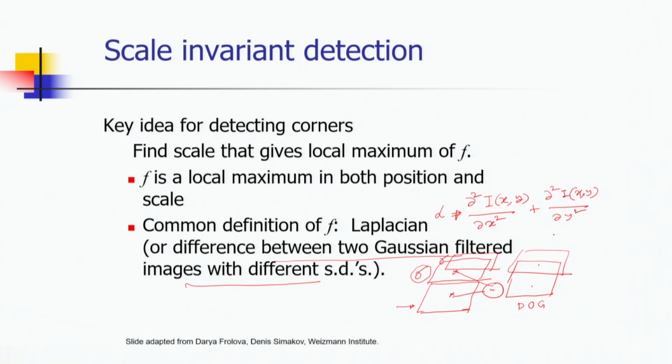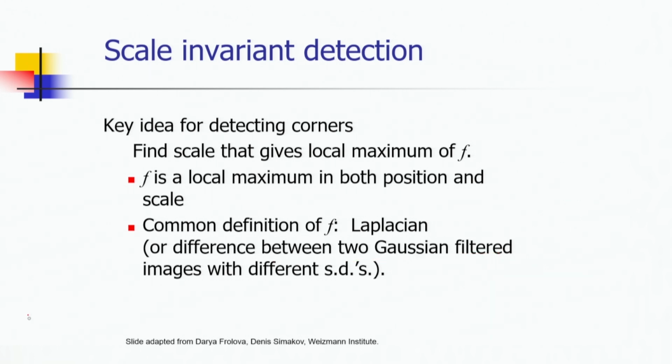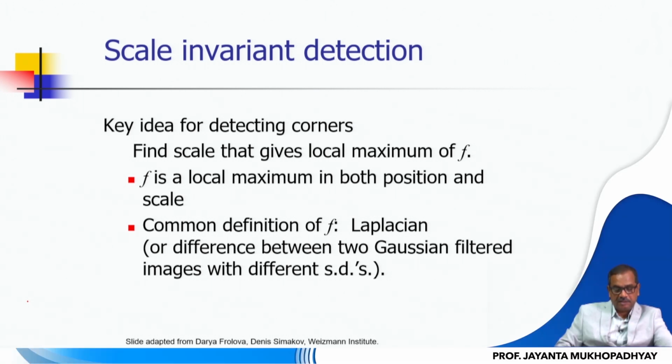There you find the local maxima of that space. In this direction you have sigma, and in the other directions the image x and y. So we may consider either Laplacian operations at multiple scales, or also the differential operations.